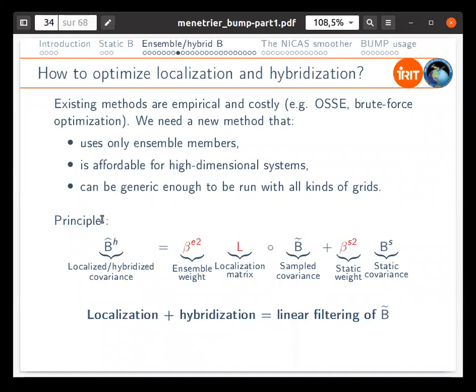And so if we consider the equation of the hybrid B, it's basically a linear filtering of the sample covariance. So we apply the ensemble weight and the localization matrix on the sample covariance, and then we add a static contribution.